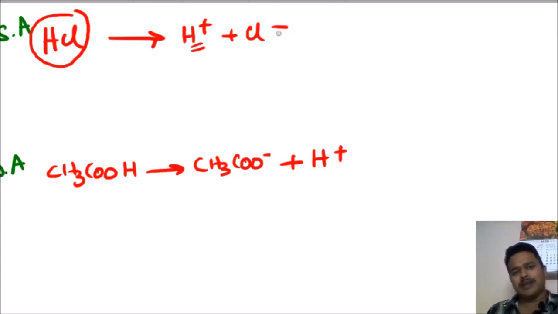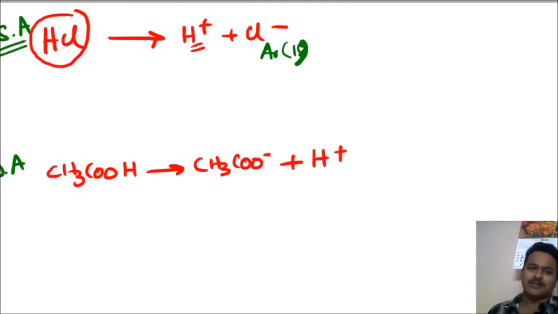How? Cl minus also satisfies the noble gas configuration, argon 18. So for stability only, it behaves like a strong acid.